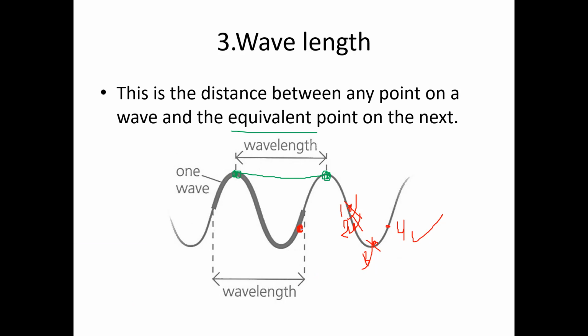Now, the distance from this point to this point, we call wavelength. Usually the wavelength is measured using the unit meter.